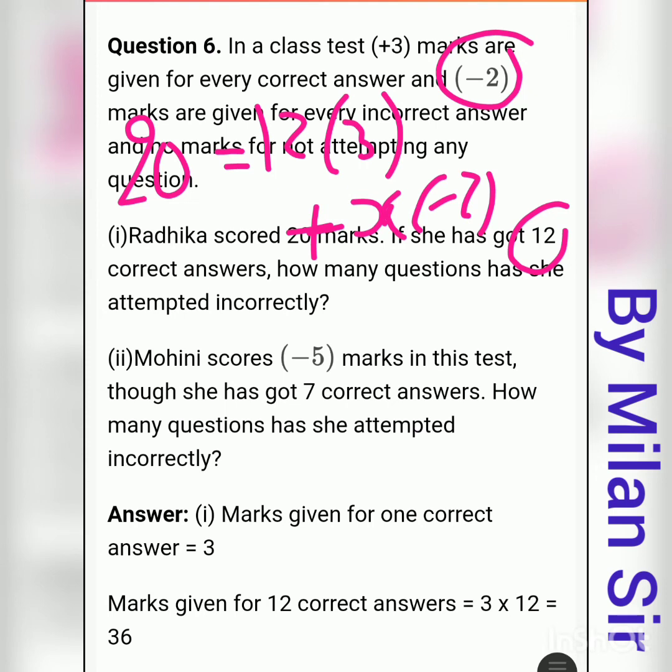Okay, so total score 20 is equal to 12 multiply 3, because 12 correct answers are there. So number of correct answers multiply marks for each question. So 12 multiply 3. Similarly, plus number of incorrect answers that we don't know, so we assume it x and multiply by -2 for incorrect answers.